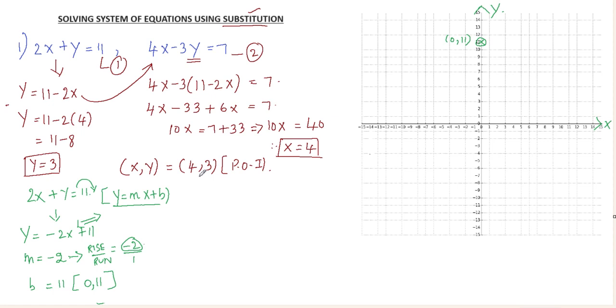Imagine I have plus 2 here, then you would push the second point to 13. As I'm having minus 2 here, I'm decrementing the value to 9. I have decremented by 2, and for run you have the value 1, which means I need to push the value towards my right-hand side by 1. So this point is 1, 9.